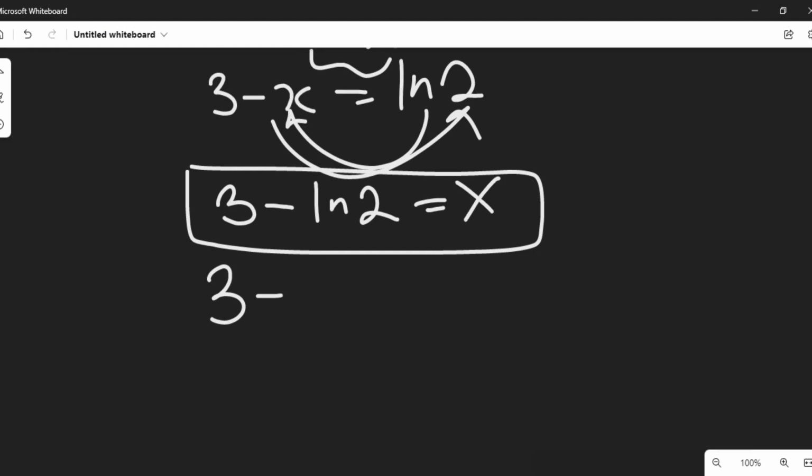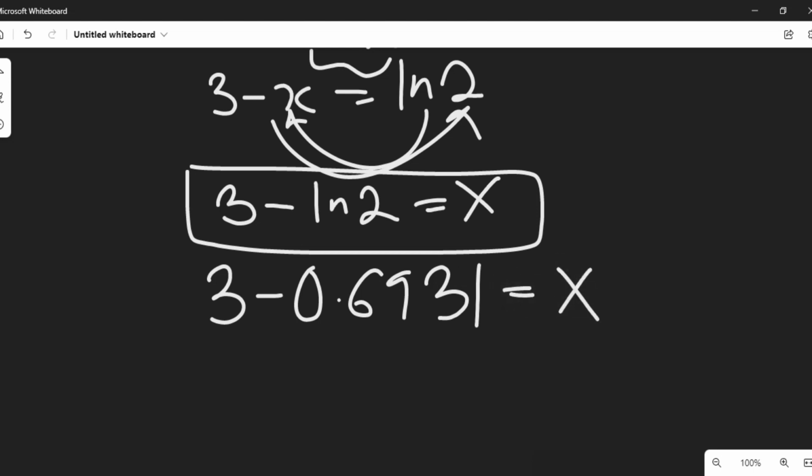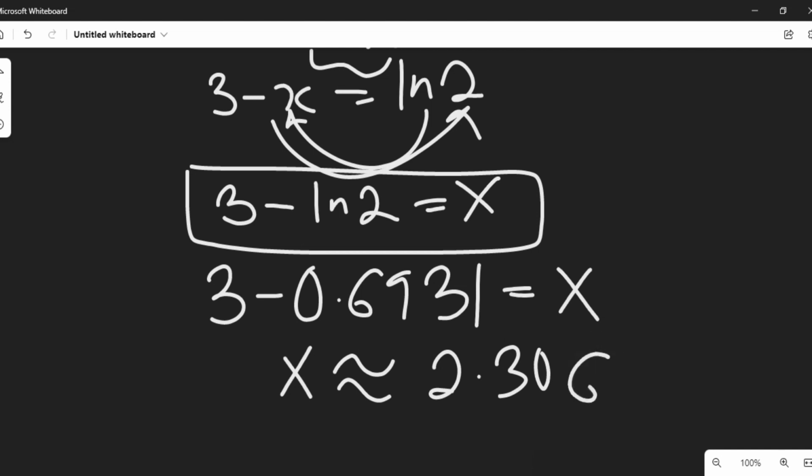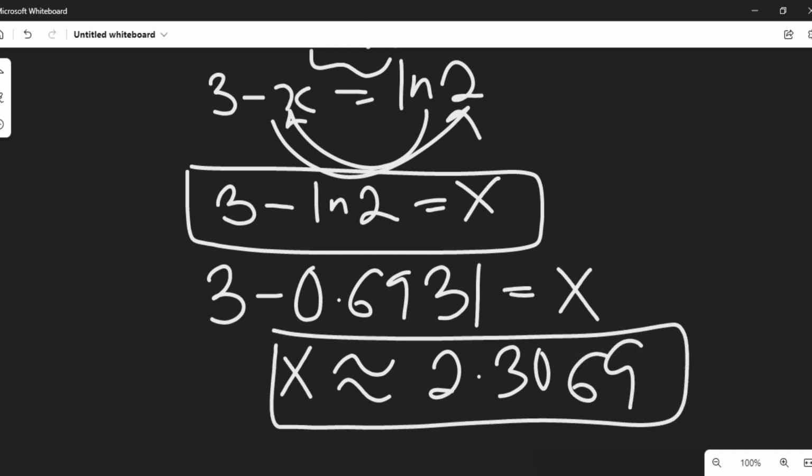So that will give us 3 minus 0.6931 equal to x. If you subtract this, we'll have our x to be approximately 2.3069. So this is the decimal value for that solution.